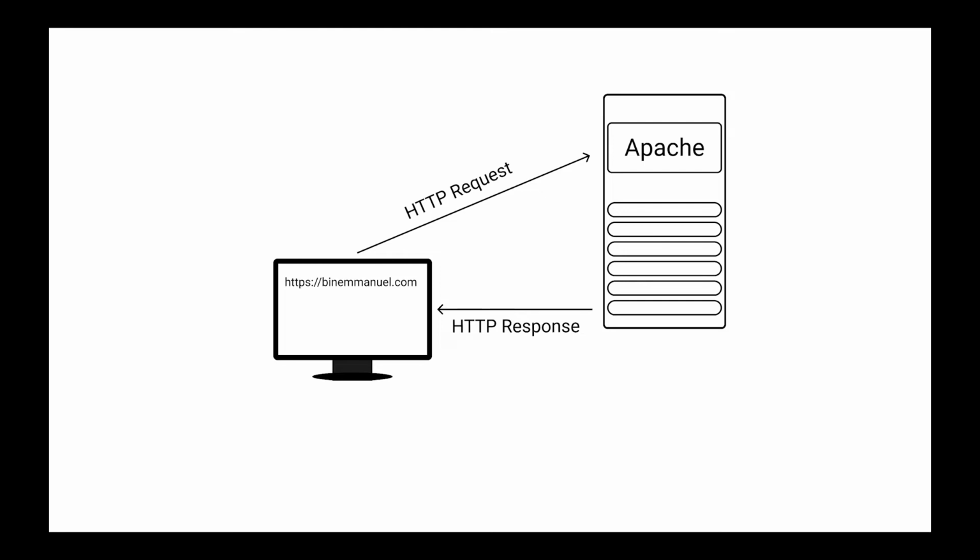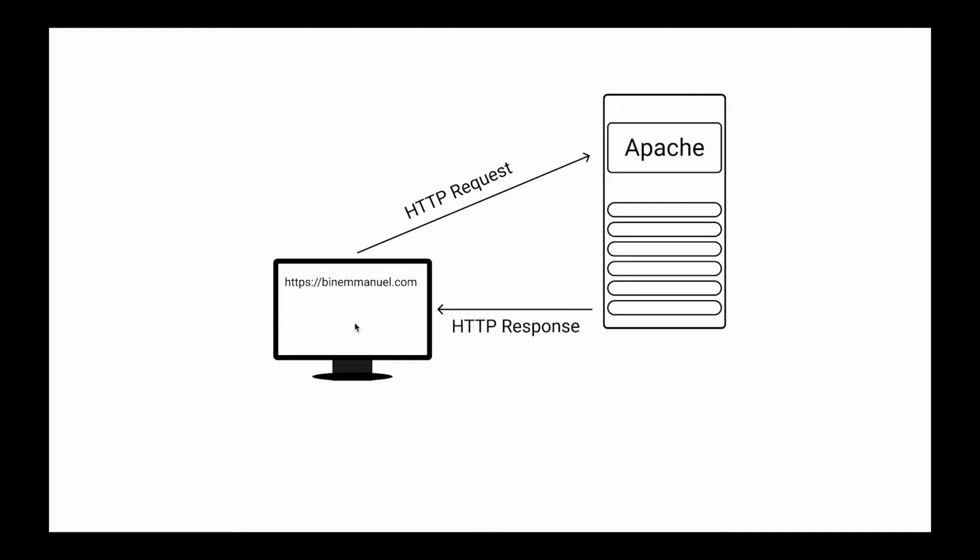And at the end of the day, what you actually see on the client here is actually going to be the website you're visiting. So if it's HTTPS://benemmanuel.com, then you're actually sending a request to my server, and my server is actually going to do some processing and then return a response back to you.